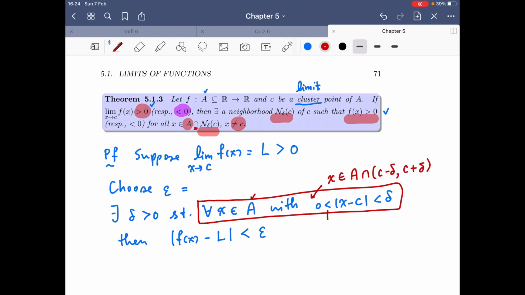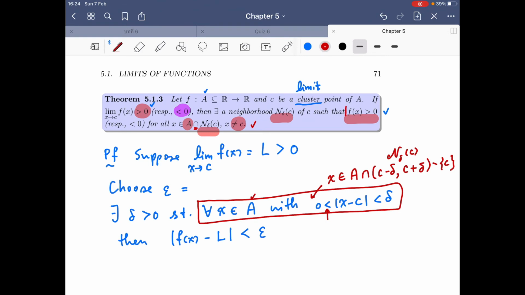And because the distance is greater than 0, it takes away the point C. So we already have x in A intersection the delta neighborhood of C, and that x is not C itself.